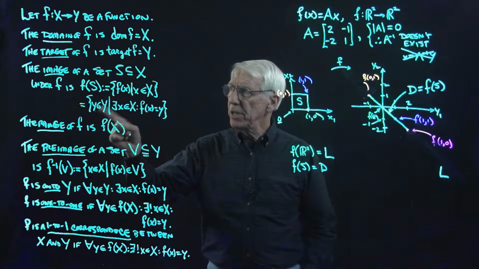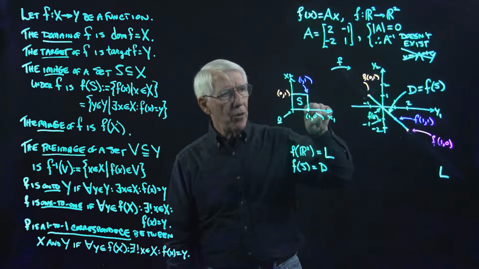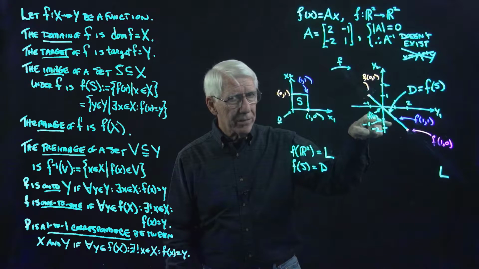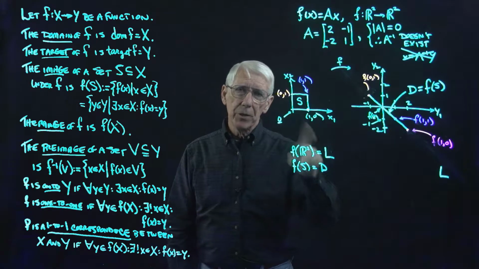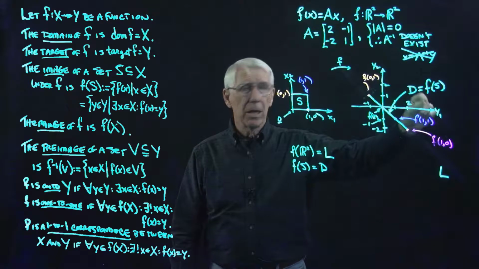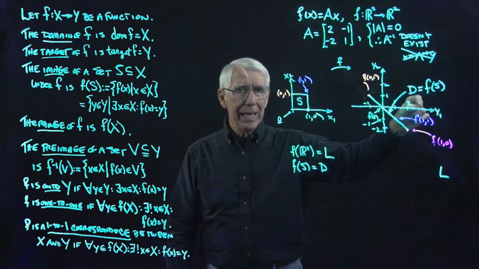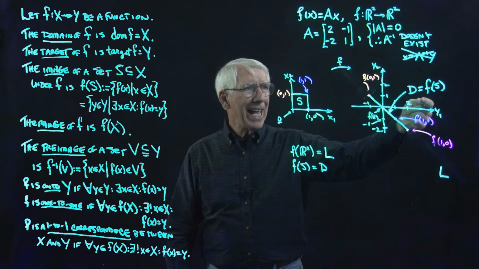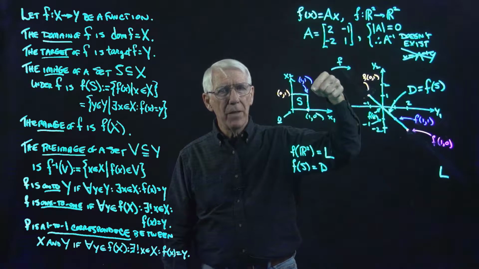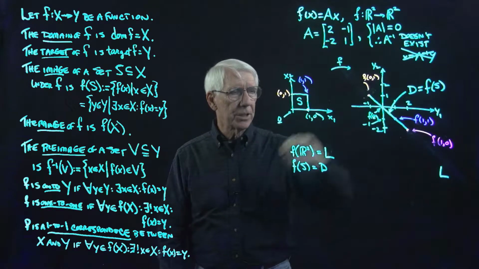The pre-image of a set V is the set of all the things in the domain that map into V. In the first example, if I had a singleton set, a single vector over here in the target space, then its pre-image was just A inverse of that vector, a singleton set.